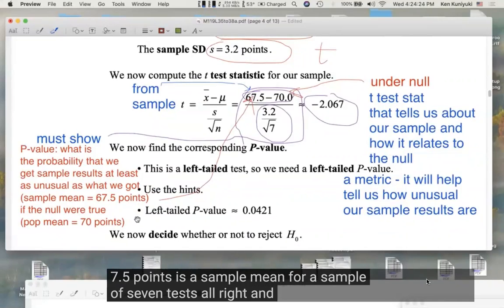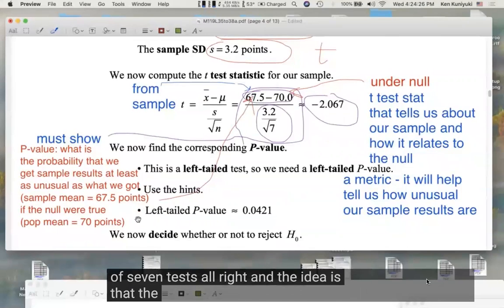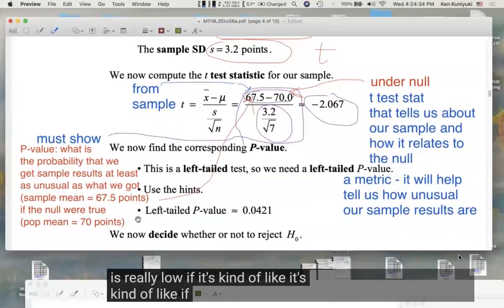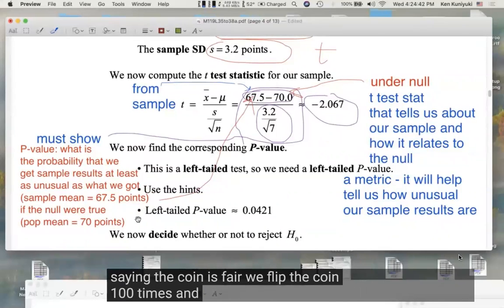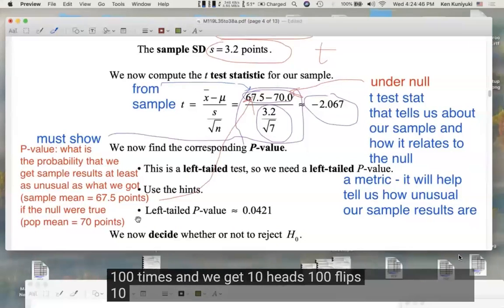All right. And the idea is that if this p-value is really low, it's kind of like if the null is saying the coin is fair, we flip the coin 100 times, and we get 10 heads on 100 flips.